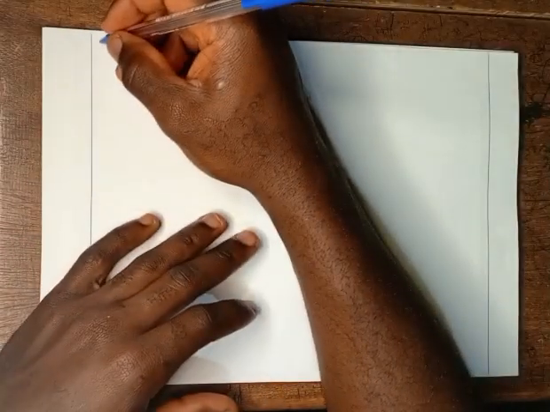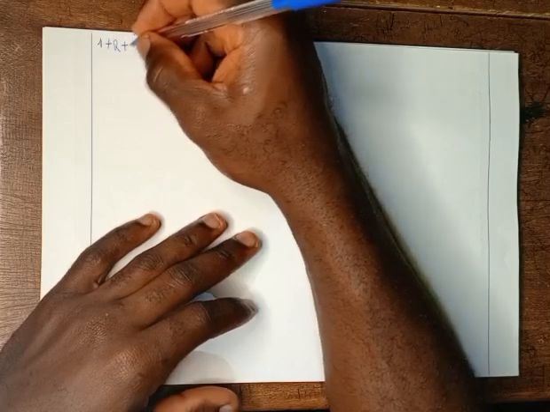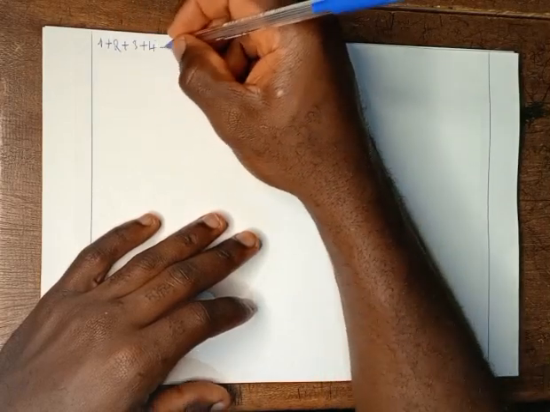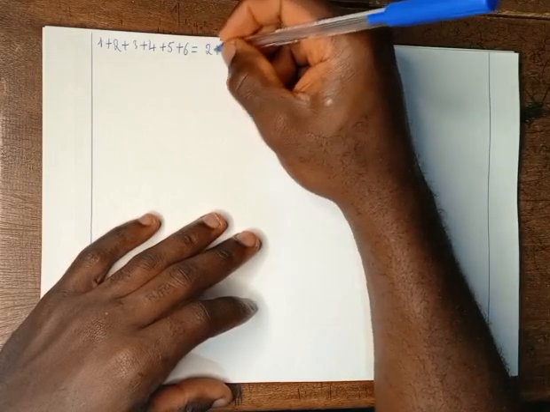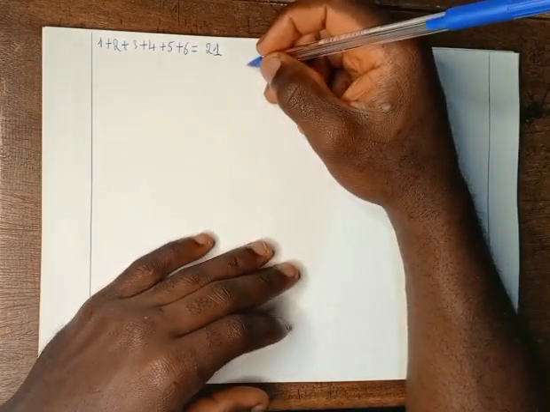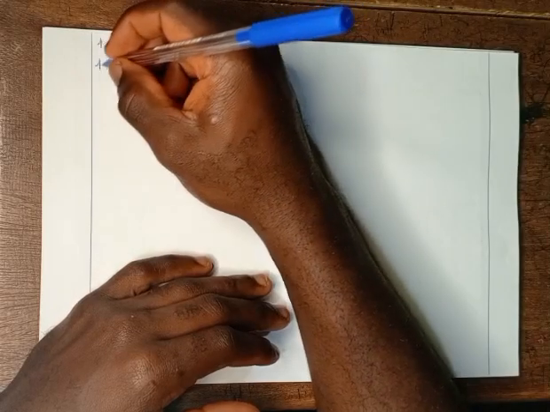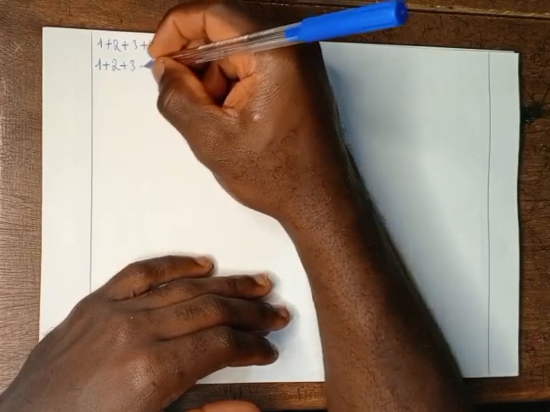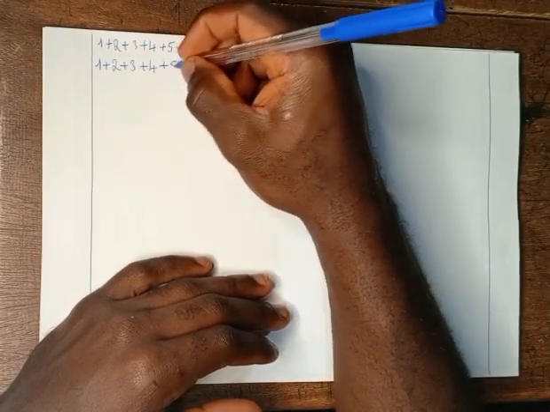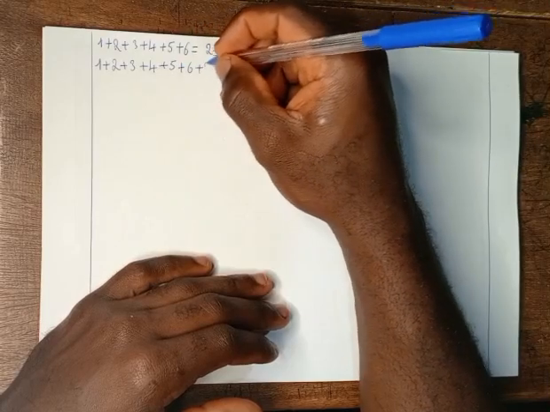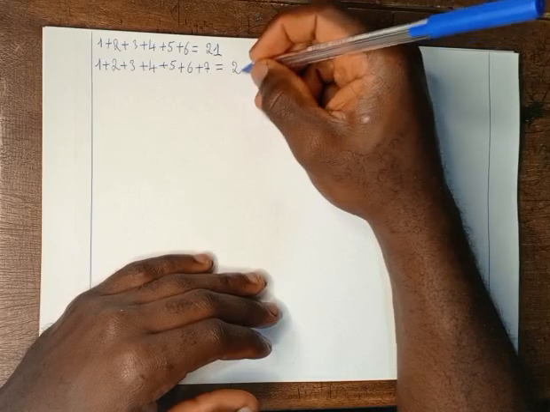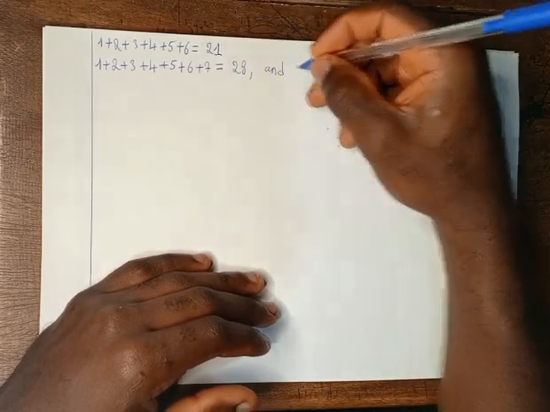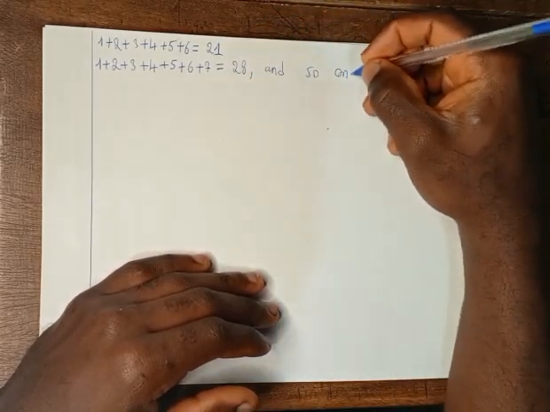Then 1 plus 2 plus 3 plus 4 plus 5 plus 6 is equal to 21. 21 is a triangular number. For the next one, 1 plus 2 plus 3 plus 4 plus 5 plus 6 plus 7 is equal to 28, and so on.